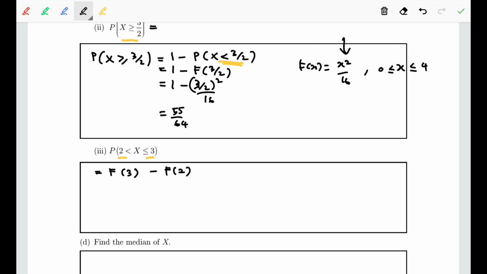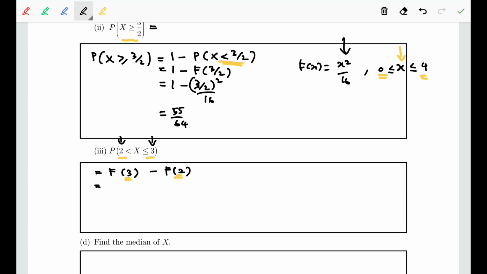Okay, f of 3 minus f of 2. It should be f of the upper limit minus f of the lower limit. Then we substitute 3 and 2 into the correct function. Since 3 and 2 are located between 0 and 4, we substitute into the same function.